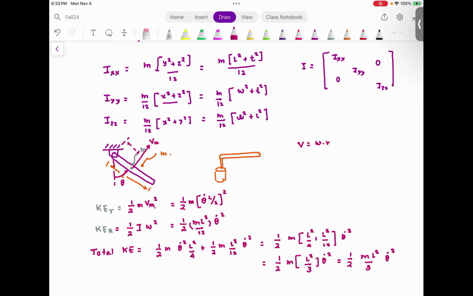Kinetic energy of the rotation is the mass moment of inertia multiplied by the angular velocity square. At the end, when you combine all that, you get one expression for the total kinetic energy. And that total kinetic energy expression you have to use when you solve Lagrangian. Everyone understood this?